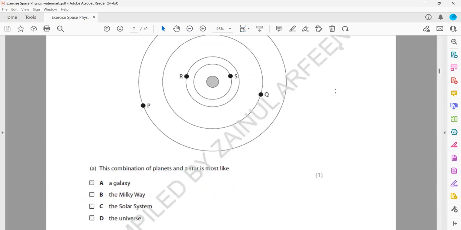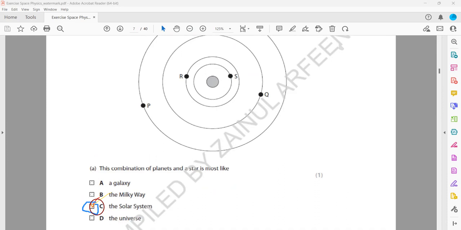Use screen annotation to take the right answer. What do we call this combination? So this combination is a solar system.